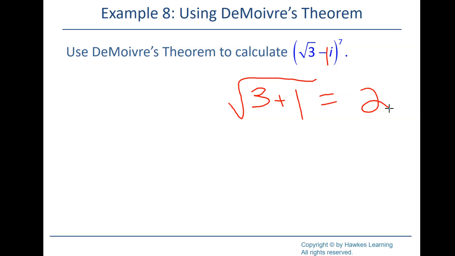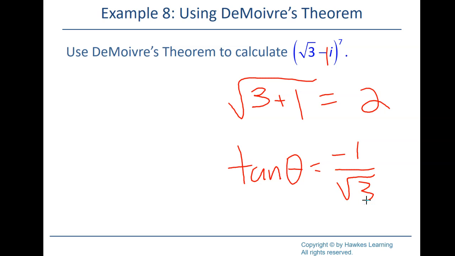Alright, and then the tangent of theta is equal to the b divided by a, so negative 1 over the square root of 3. Alright, so that's fourth quadrant, right? Because we're going right, and then we're going down. Right, because of the square root of 3, down the negative i.